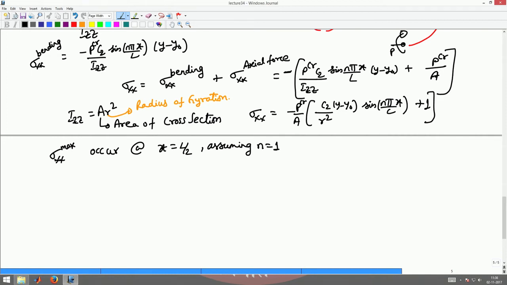Then at x equal to L by 2, assuming n equal to 1, y minus y naught is equal to y max.